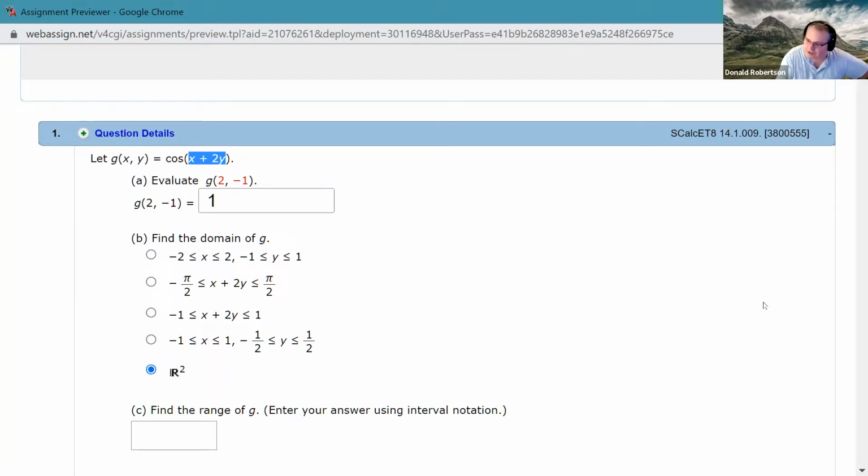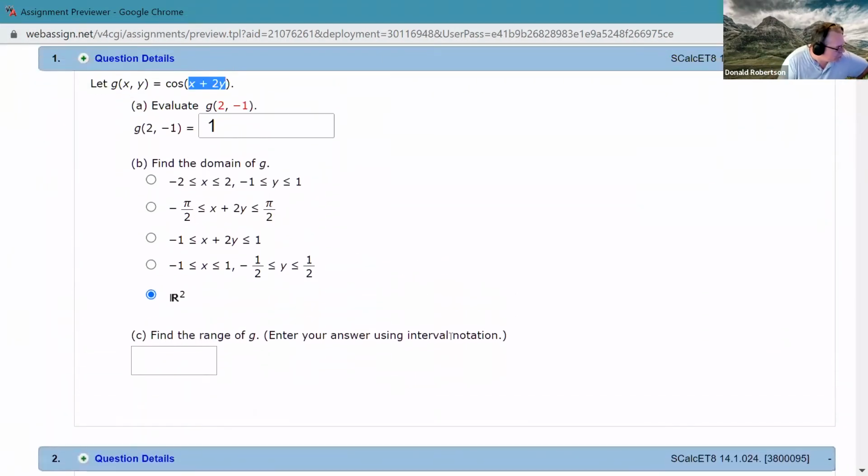You see they're using R squared, any value of x cross any value of y. Now, what is the range? Okay, the entire function. What is the range of answers you could get from a cosine of x plus 2y? Actually, from a cosine of anything. What's the smallest number you could get?